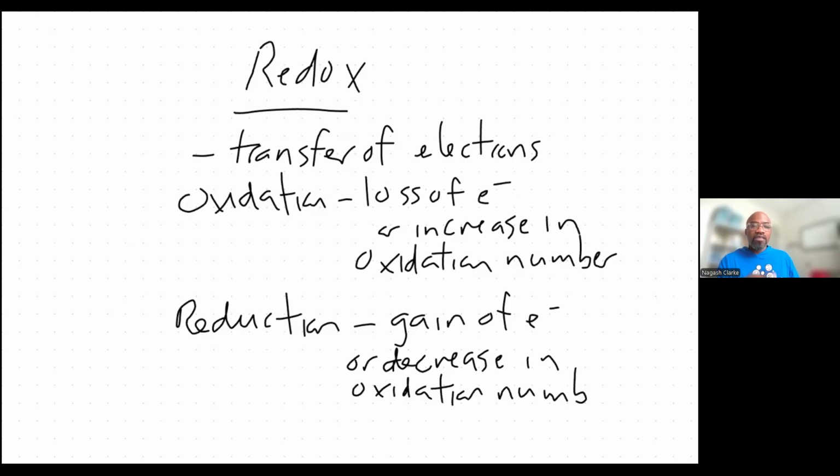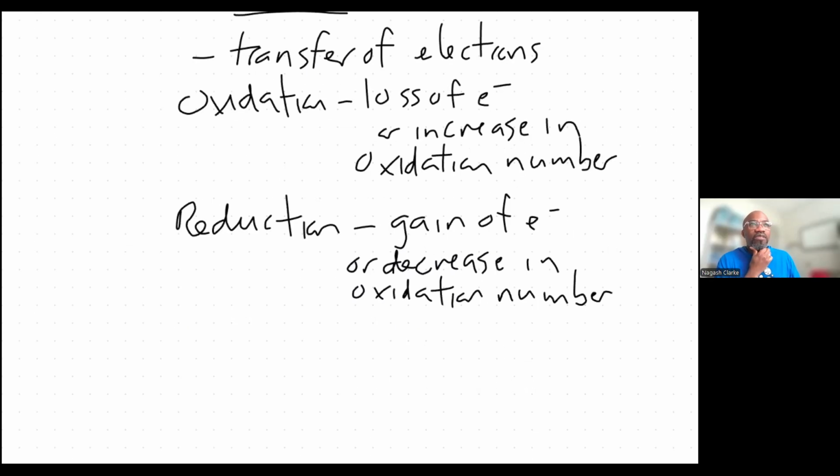So oxidation number is a way for us to kind of track how willing an element is to become oxidized or reduced, right? So the lower your oxidation number, the more easily oxidized you are. The higher oxidation number, the less easily oxidized you are.